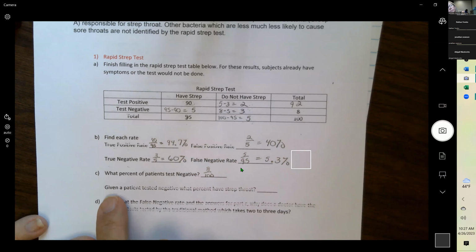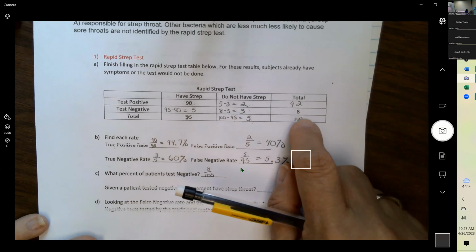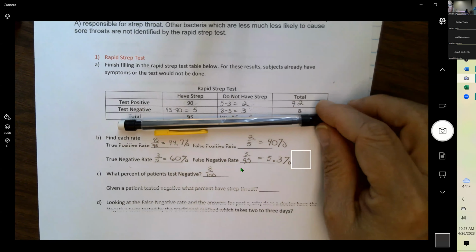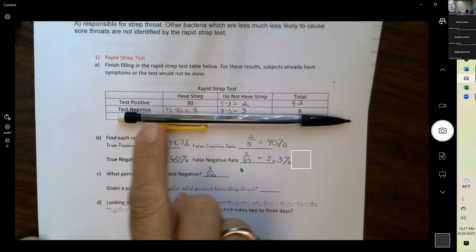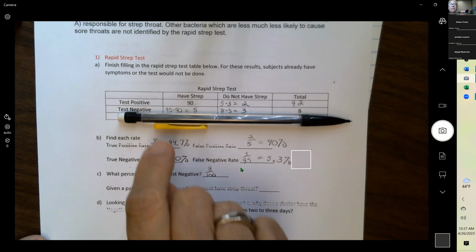The next one, given a patient tested negative, what percent have strep throat? So we know they've tested negative. We're only using that row then. So we're just using this row. Patient tested negative. What's the percent that have it?